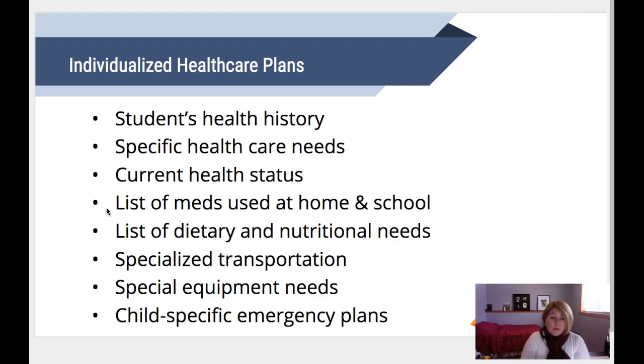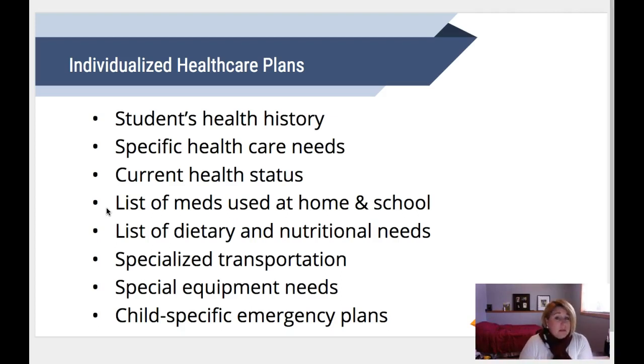Special equipment needs could be maybe the student needs to have a tool to check their blood sugars, a glucometer, and so that has to be at school. Maybe they need a special chair. Remember we talked when we were together on Wednesday, I talked about some different adaptive equipment like Rifton chairs that are positioning equipment.